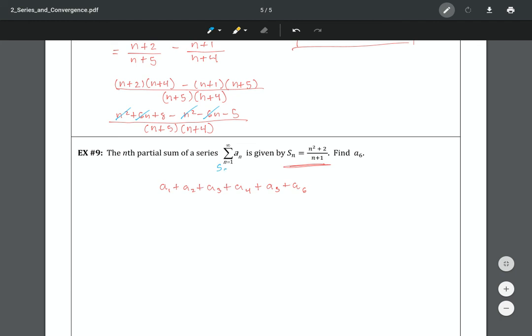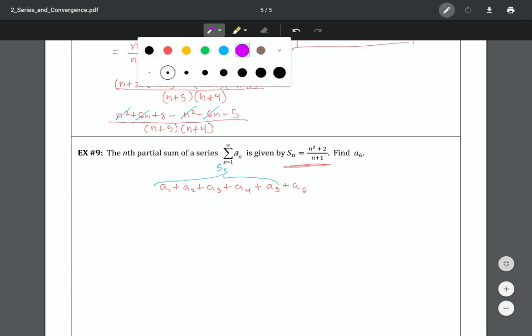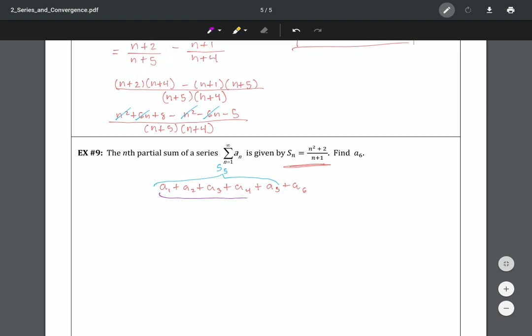We know that S5 stands for the sum of the first 5 terms and S6 stands for the sum of the first 6 terms, right?